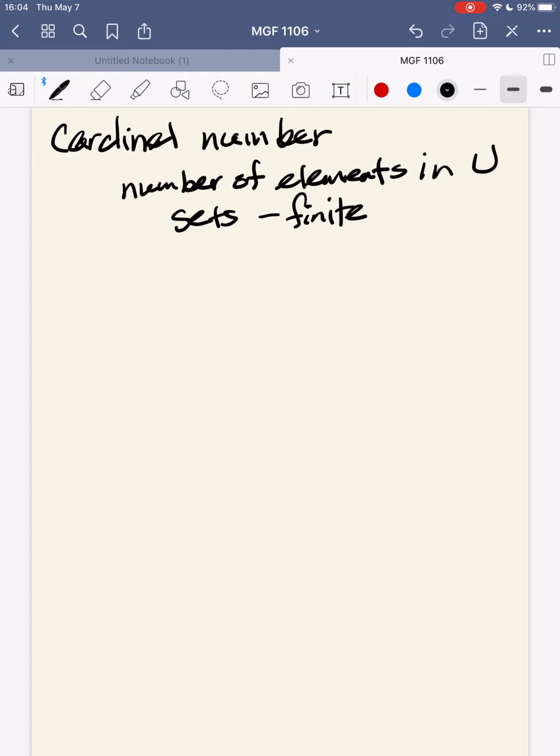Okay, so we want to look at the cardinal number of A union B. Remember, it has to be a union.